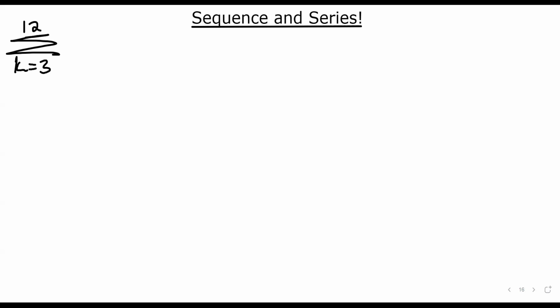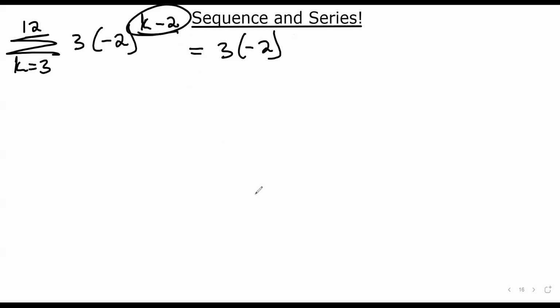And it's the sum of 3 times -2, and this is raised to the k minus 2. Okay. Well, when we expand this, in order to get the first term, we substitute k equals 3.